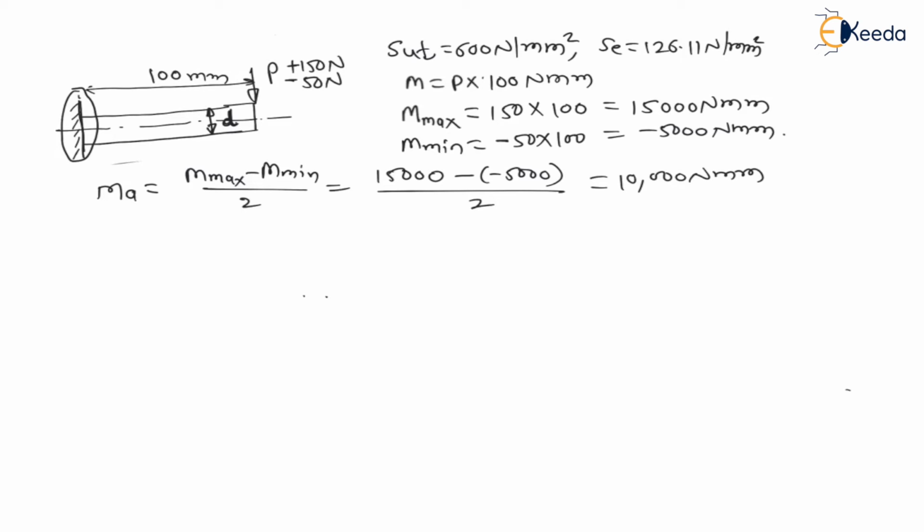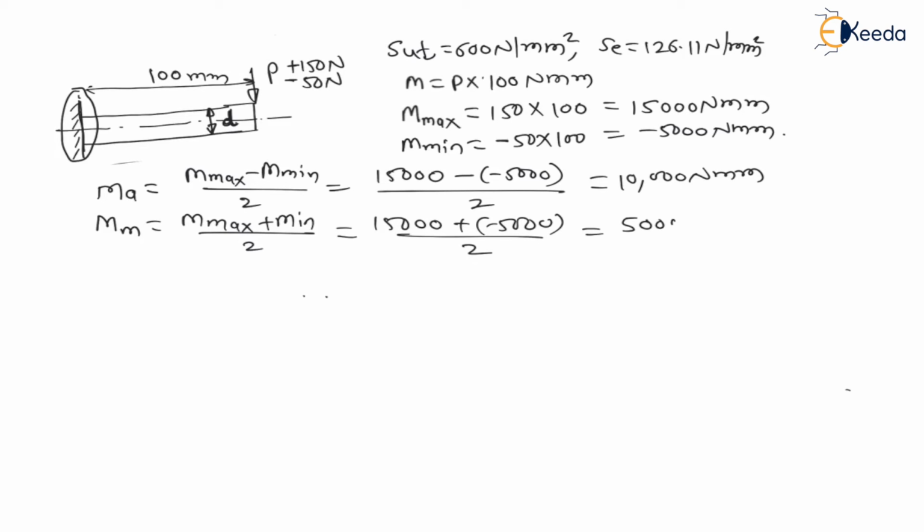This is the bending moment amplitude. Now the mean bending moment is maximum bending moment plus minimum bending moment divided by 2, which is 15,000 plus minus 5,000 divided by 2, which is 5,000 Newton-mm. This is the mean bending moment acting on the element.